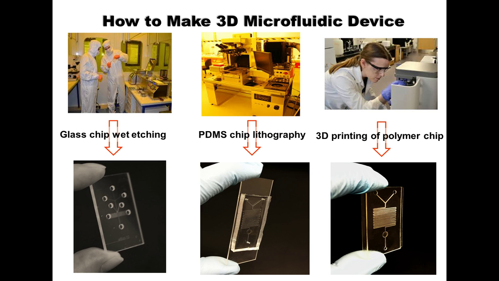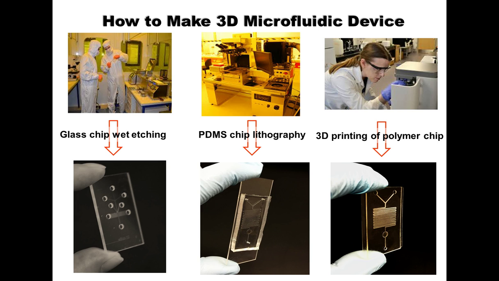Here I'm showing the conventional microfluidic device fabrication, which takes place in a clean room, needs a very clean environment and uses very expensive facilities. One example I show at the bottom of the figure is a glass-based microfluidic chip made in the clean room.